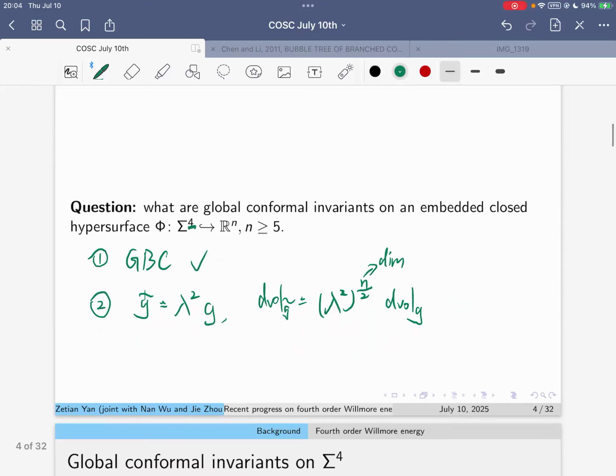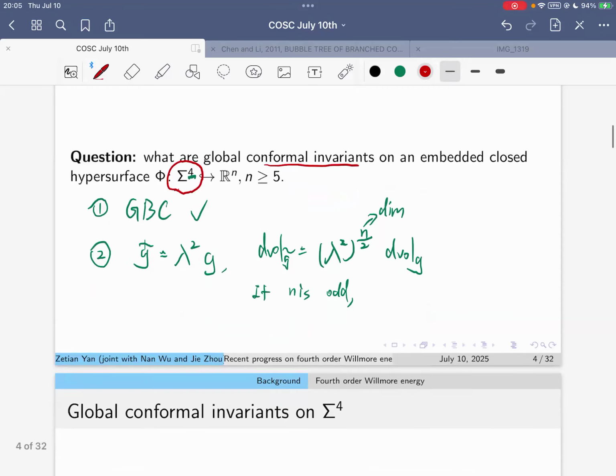And we will see that if the dimension n is odd, we will have to discuss the sign of the geometrical quantity in the integrand. So for this reason, we usually consider global conformal invariants defined on submanifolds with even dimensions. So we can consider sigma 4, sigma 6 like this.